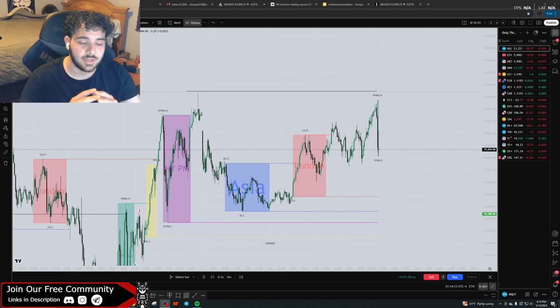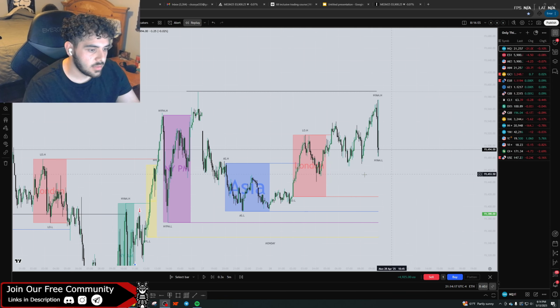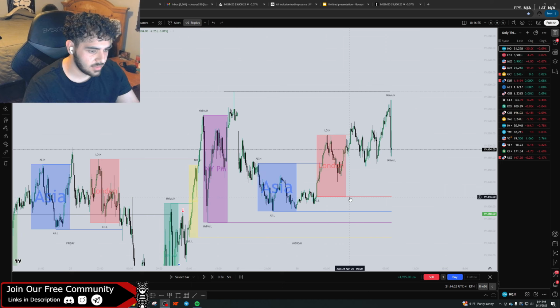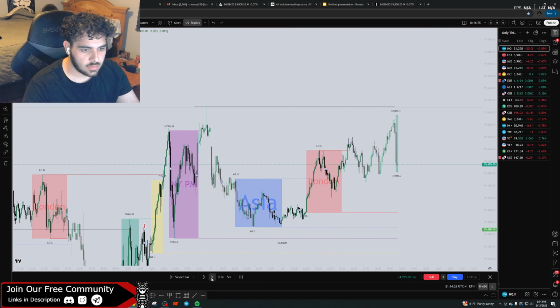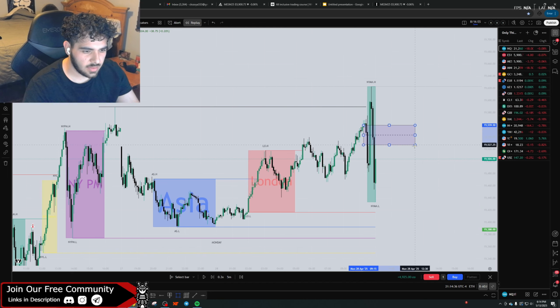Now going into the final week of April, we have an Asia and London consolidation. So price is accumulating in here. So we could expect price to probably retrace to these lows. So let's just go into it. Okay, so we take buy side. And then we have this inversion.